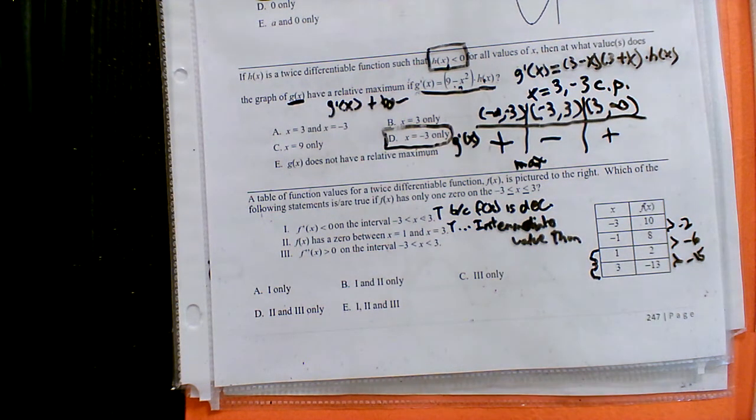We know that the derivative is less than 0. What about the second derivative?